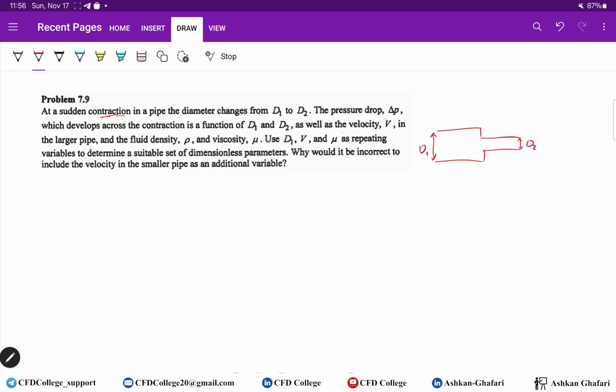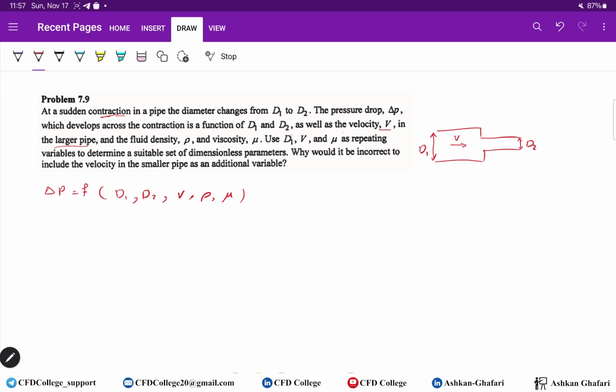The pressure drop delta P, which develops across the contraction, is a function of D1, D2, the velocity in the larger pipe, here for example velocity V, and the fluid density and viscosity, rho and mu.